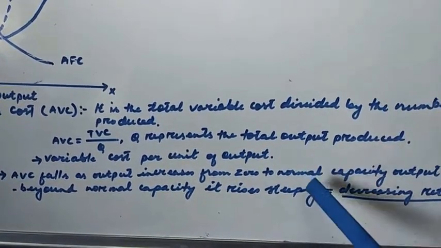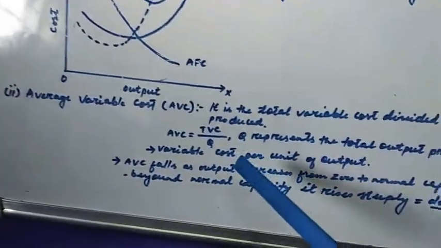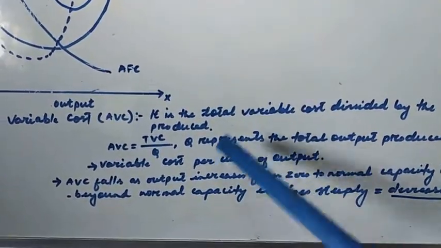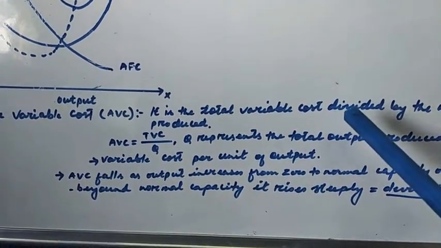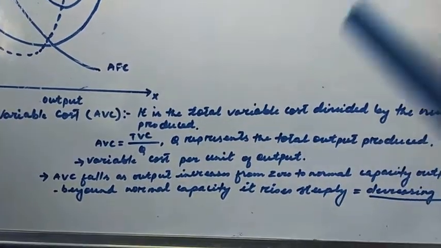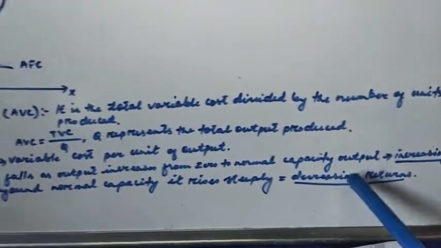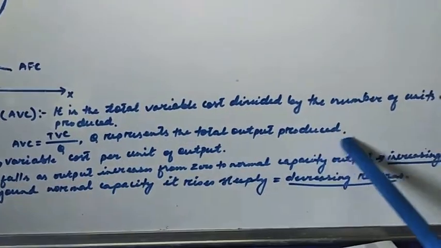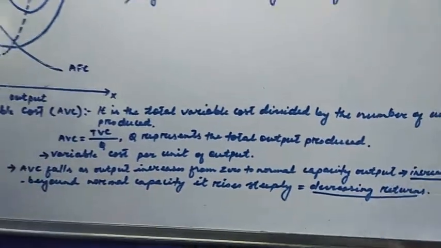It will rise due to the operation of the decreasing returns. So there are two phases. One is the fall, and then after the normal capacity level of output is reached, it rises steeply due to the decreasing returns. The falling is due to the operation of the increasing returns.